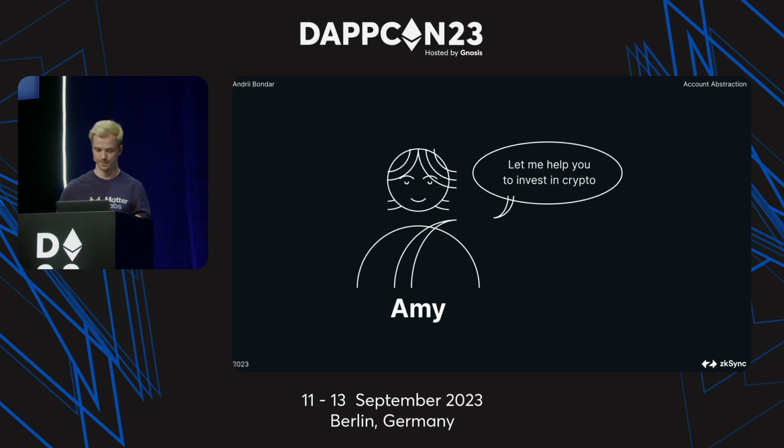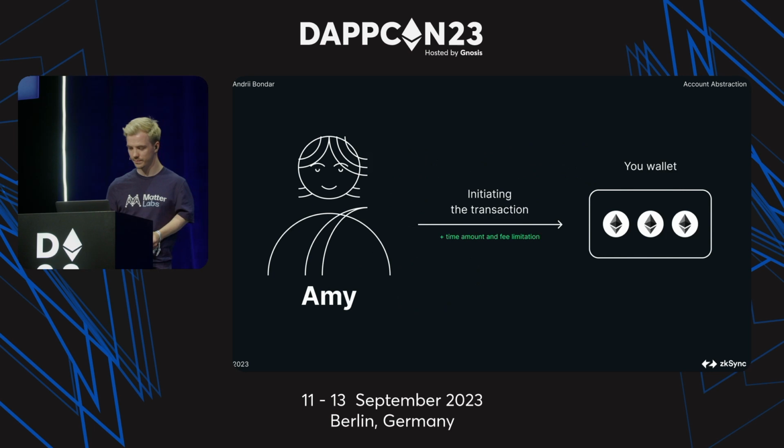Another case is Amy. Amy is an investment advisor. You can ask her to help you to invest in crypto. But what if, instead of sending your crypto tokens to Amy or sharing a seed phrase with her, you ask Amy to initiate the transaction for you and approve it in your smart contract wallet?